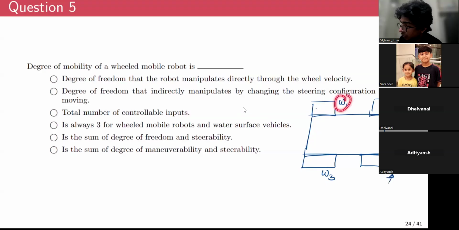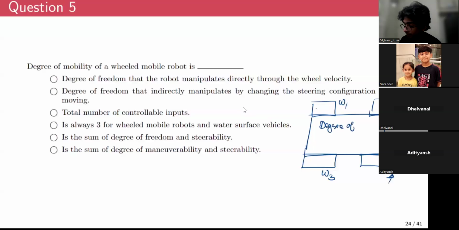Each of these control inputs will contribute to the degree of mobility. These are fixed conventional wheels. They don't have any steerable inputs. So each of these wheels is individually driven, and each will add up to the degree of mobility by a count of 1. Since we have 4 conventional wheels, the degree of mobility of this particular system is 4.